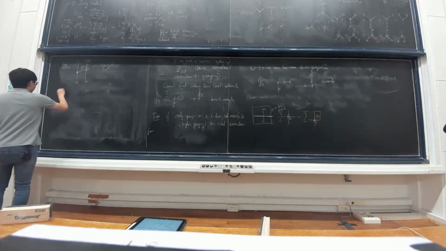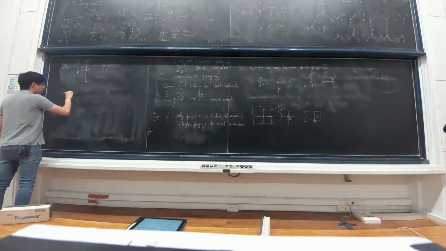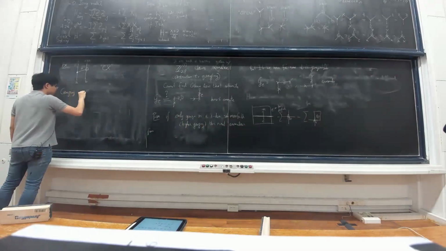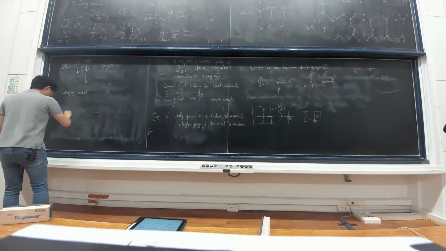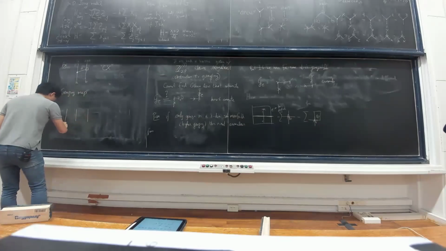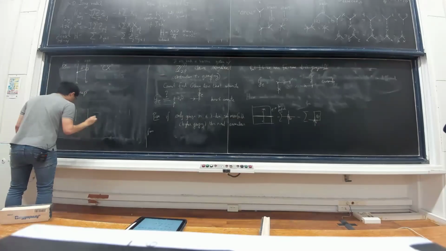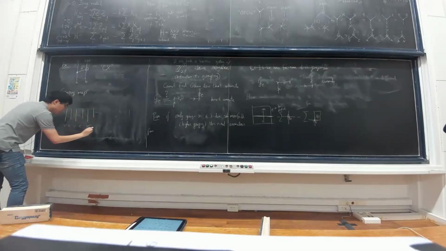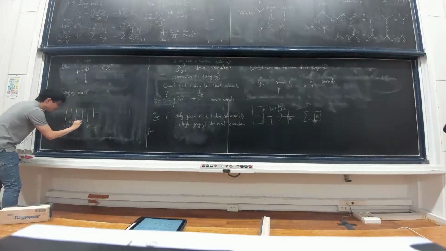So now let's do the gauging map. How do I write the gauging map with these operators? I start with an arbitrary wave function on the vertices. And then I initialize my state on the edges with 0.